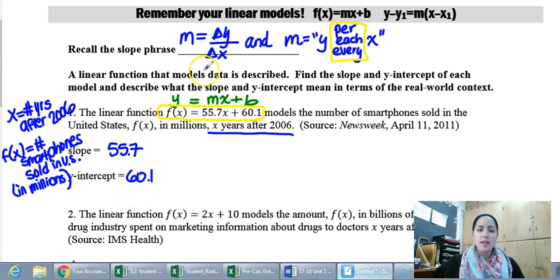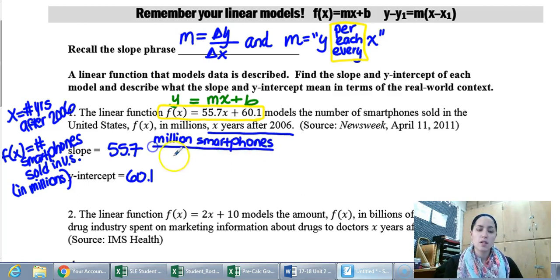So I know from my slope calculating days, it's y divided by x. So this is going to be 55.7 million smartphones, because that's what the y value represents, divided by, per year.